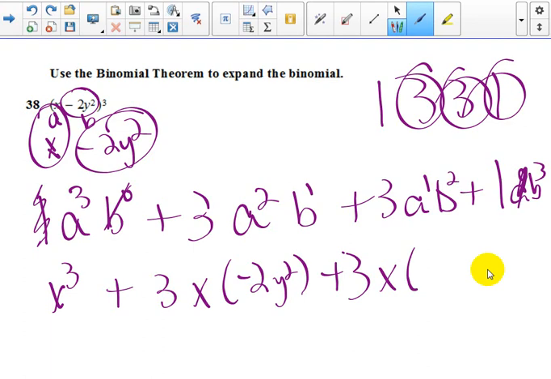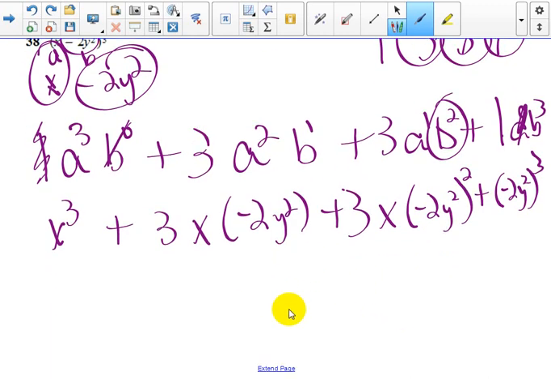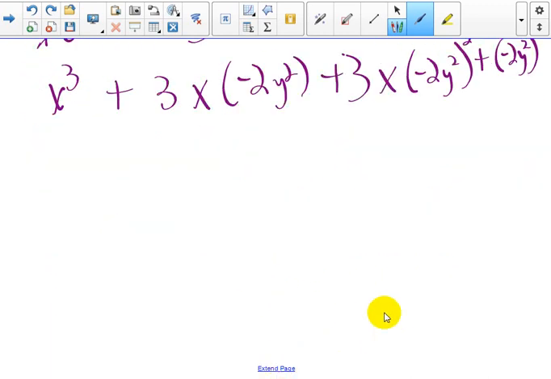So our b now is -2y squared, squared, because it's b squared, plus 1 times b cubed. Well, b is -2y squared, cubed. Now start simplifying. We've got our formula in.